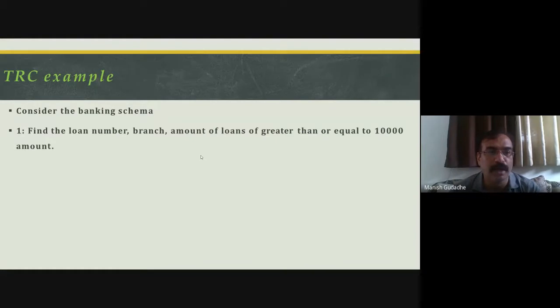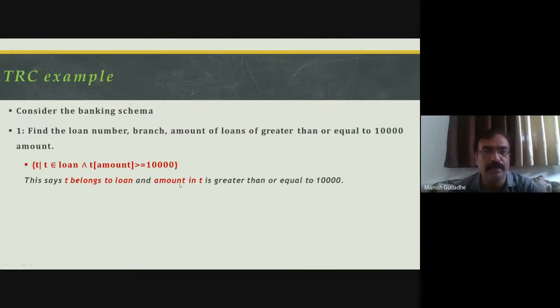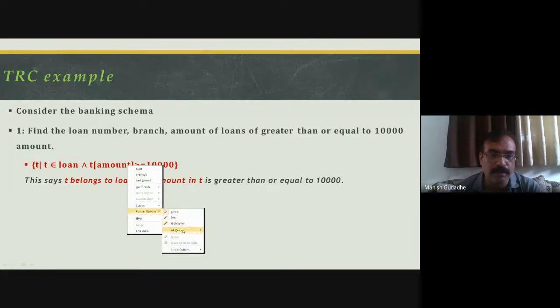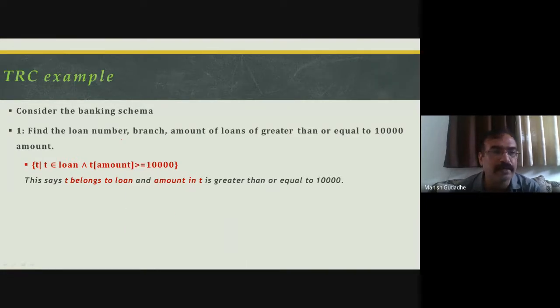So how will this equivalent be written in this case? Your predicate will now be written in this way. There exists T, or print tuples T such that they belong to loan. First, T belongs to loan, and second condition is T dot amount is greater than 10,000.